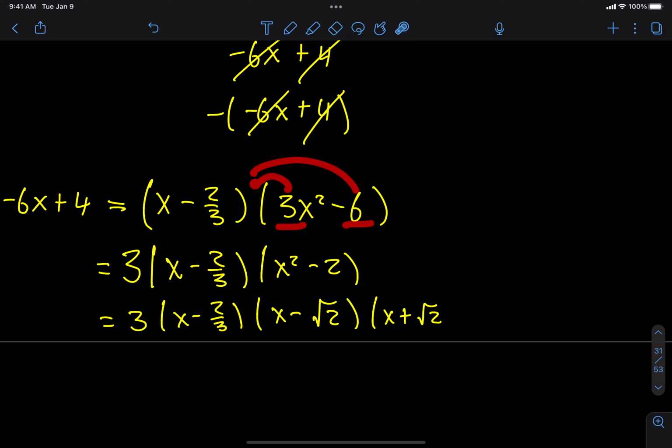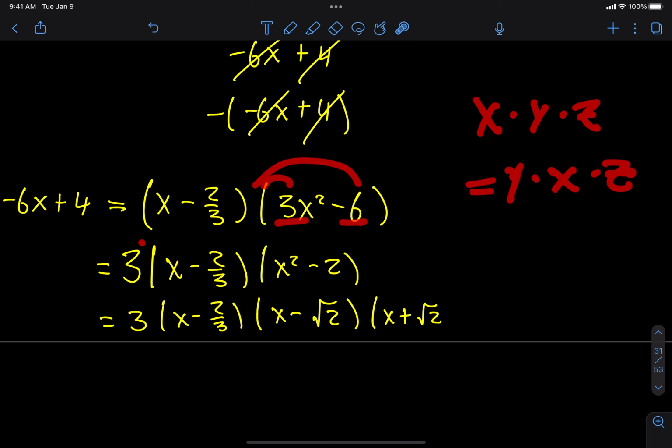Well, okay, so I actually brought the 3 out to here. And then you can do multiplication in any order. So I moved it to the front, because x times y times z is the same as y times x times z. Oh, so it's just its own individual thing. Yeah, exactly. It's its own individual thing.